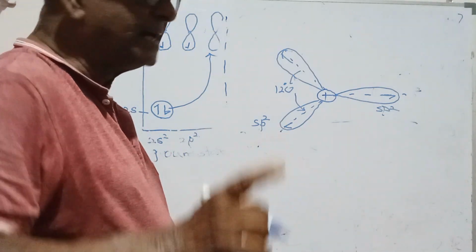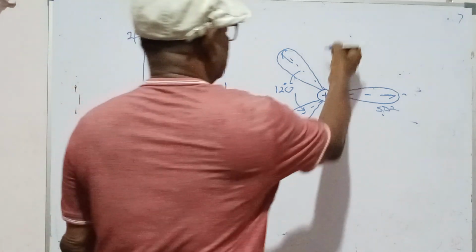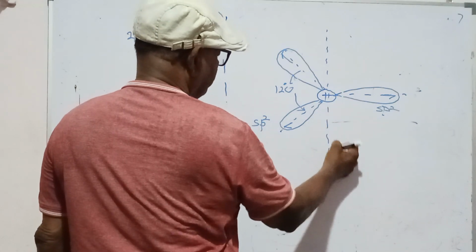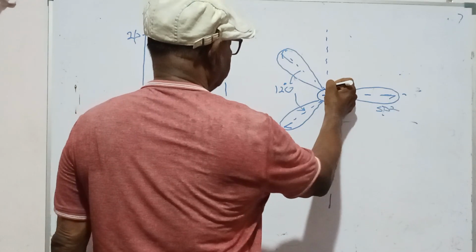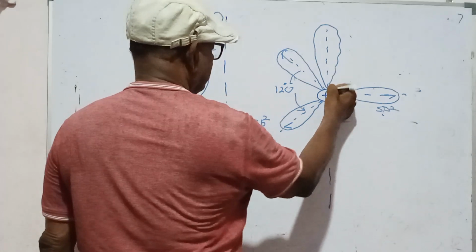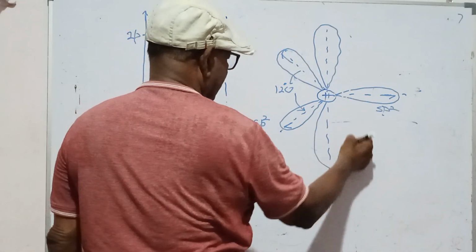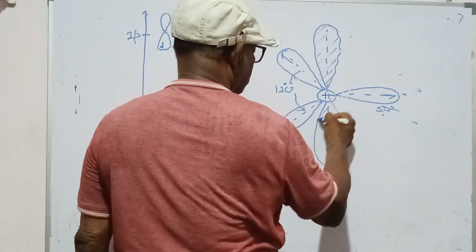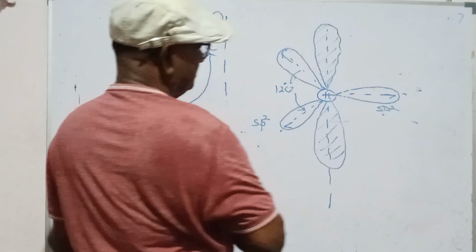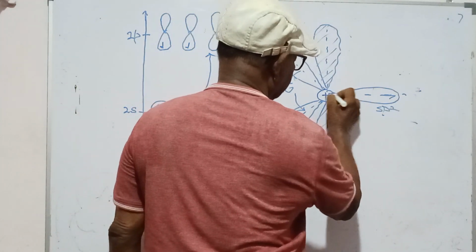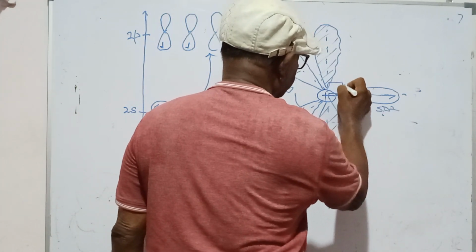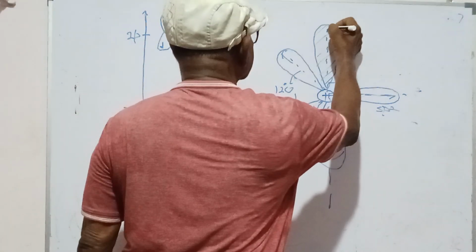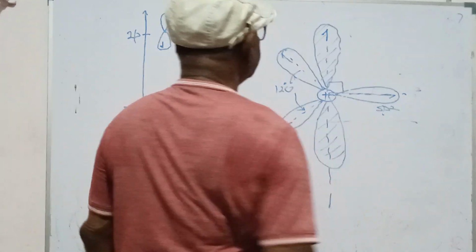So, where is the unhybridized p orbital? It lies perpendicular to that plane, like this. I'll shade it to clear the diagram. Then this is perpendicular. They are the electron of the unhybridized p orbital.